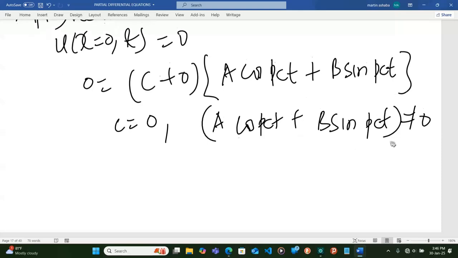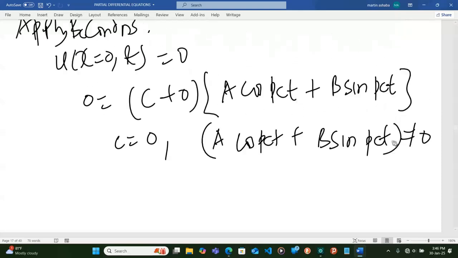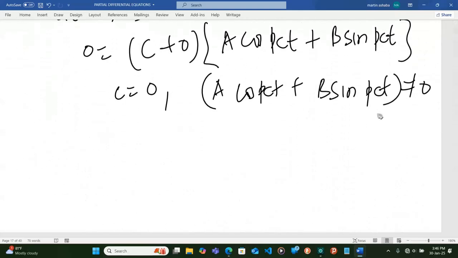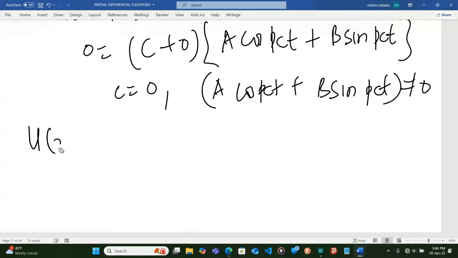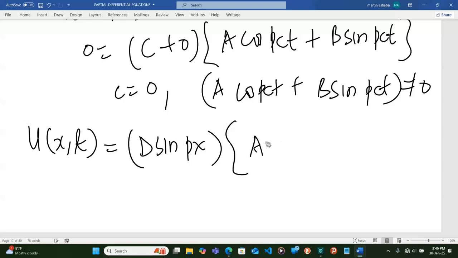So if it cannot be equal to 0, then c is equal to 0. So what does that leave us with? The solution will be u(x) is equal to, if c is equal to 0, d sine px, okay? I multiply it by a cos pct plus b sine pct.